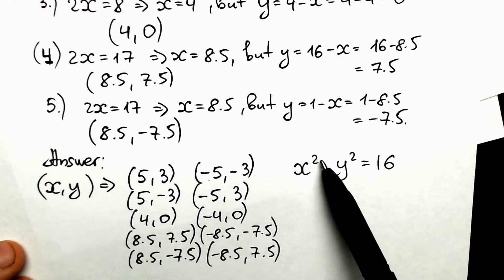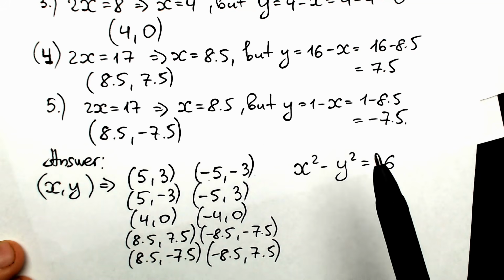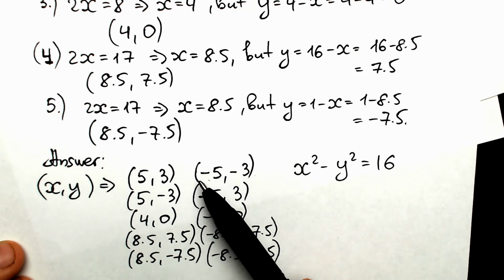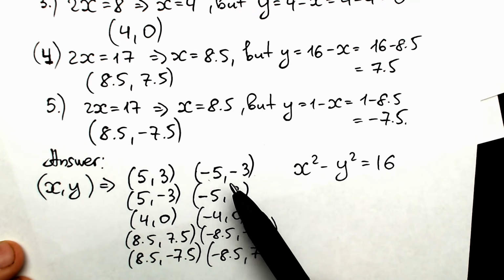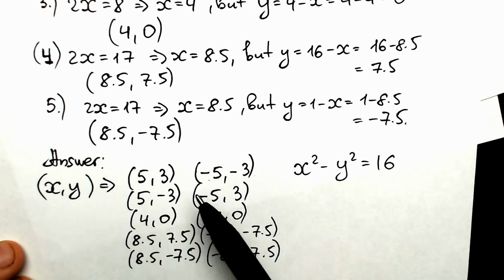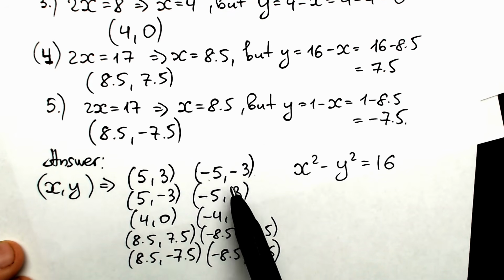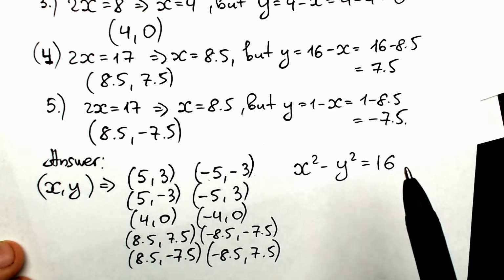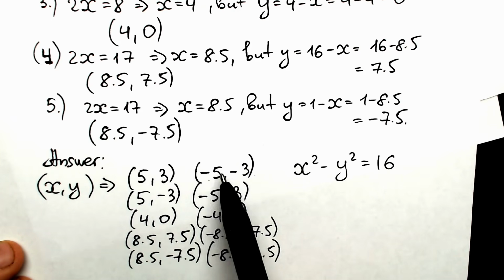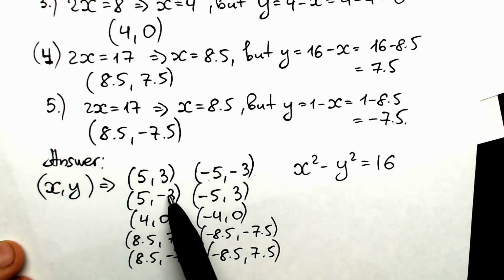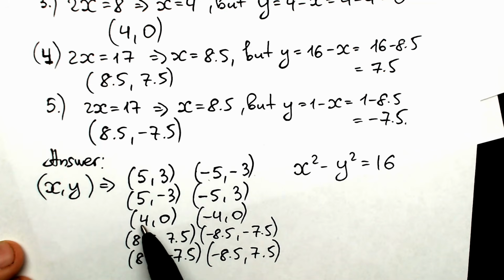If you raise it to the second power, you have a positive one. So negative values are also great for us. You can check these 6 pairs in a few seconds. We have 25 minus 9, 25 minus 9, 25 minus 9, the same 25 minus 9, and 16 minus 0.